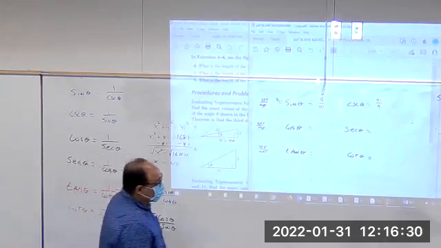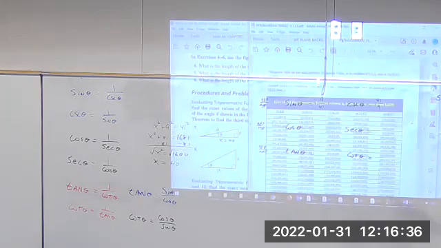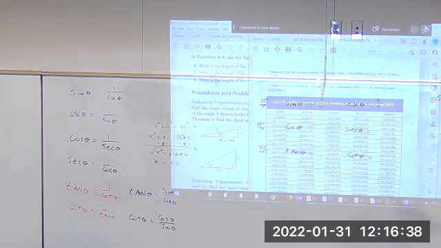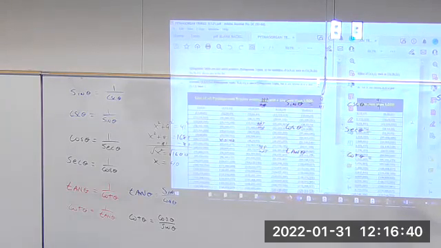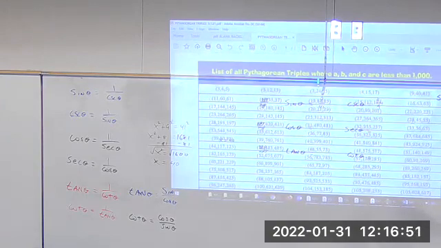Mentioned this before. You know, the most basic of Pythagorean triples is the 3, 4, 5 right triangle.